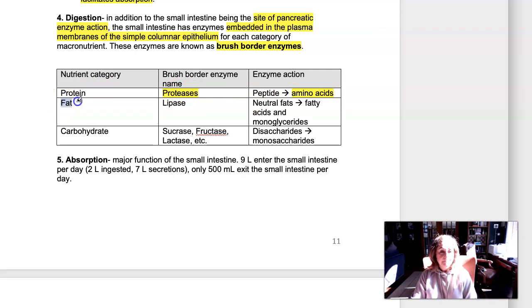The fat is digested by lipase, and this is just an addition to the pancreatic lipase. There's lipase embedded in the wall of the small intestine. And that lipase will elicit single fatty acids and monoglycerides. We'll take a look at a picture of this in a little bit, so I'll be able to show you that.